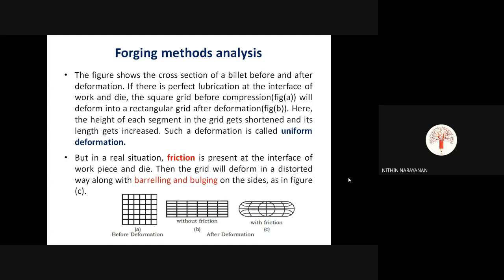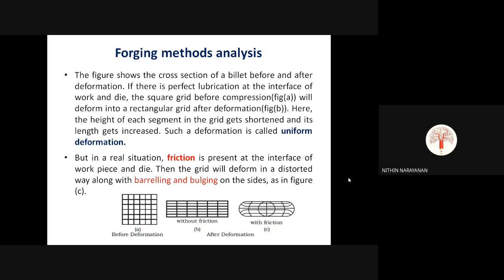If there is perfect lubrication at the interface of the work and die, the square grid before compression will deform into a rectangular grid after deformation. Consider the figure shown here. It is a billet. The initial shape, before deformation, is a square block or square billet.